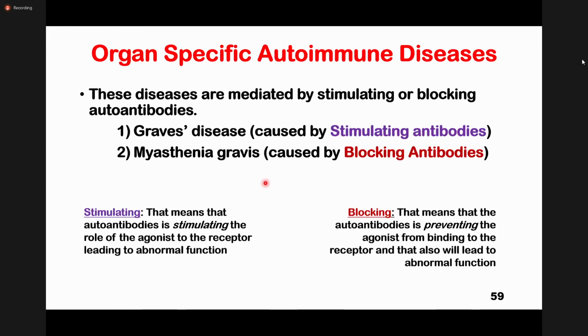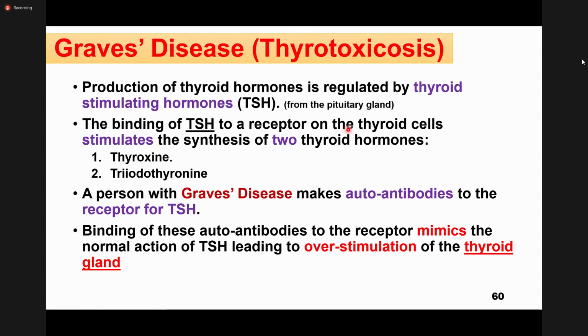So here I'd like to explain the two. One is the stimulating antibodies, one is blocking antibodies, example like Graves disease and myasthenia gravis, okay. One acts as an agonist, one as the antagonist, okay. So in the Graves disease, the production of thyroid hormone is regulated generally by the thyroid stimulating hormone, TSH, okay.